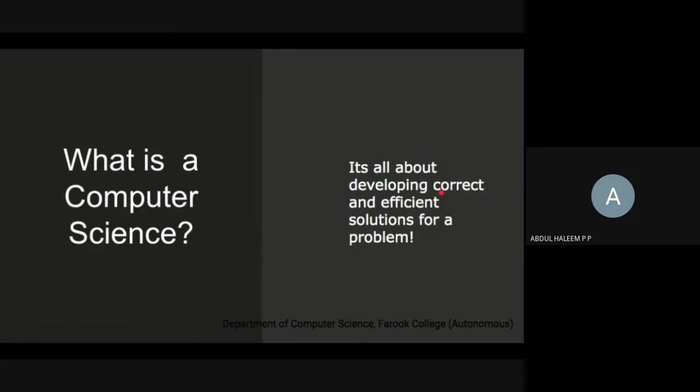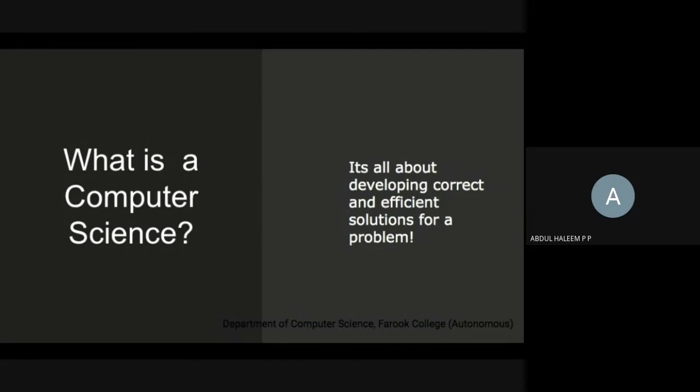Why are correctness and efficiency underlined here? See, a program will be executed by a machine which can do anything at lightning speed. So whatever you instruct, it will be done. Even if you instruct something in a bad way, it will be done quickly.